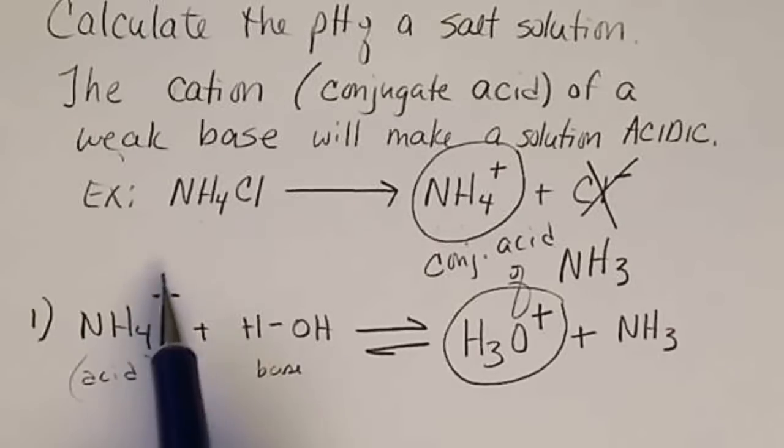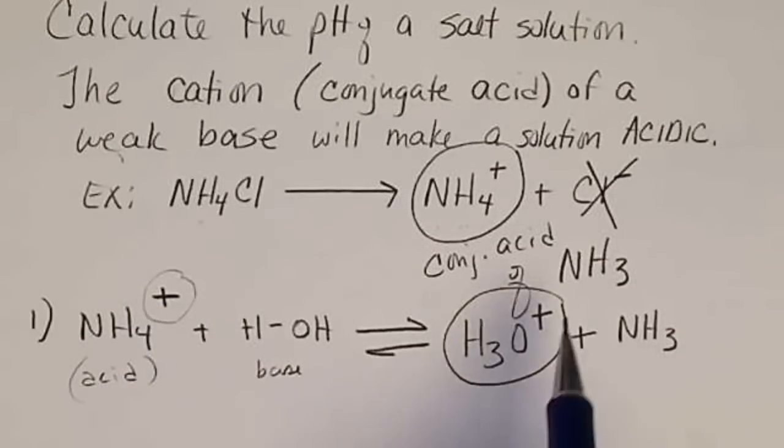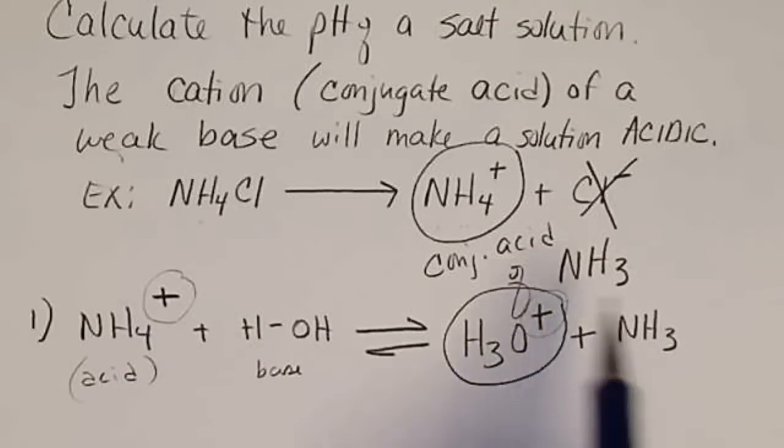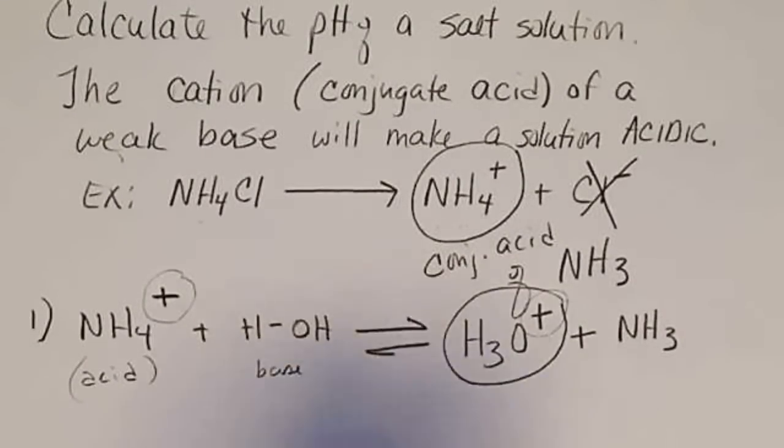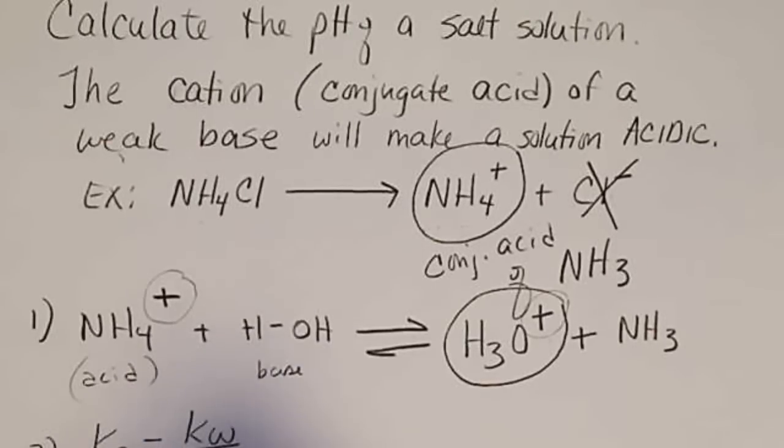And again, as a reminder, because this is positive, we're going to have a positive ion on the right-hand side of the reaction. So in acid-base chemistry, we either have H plus, which is really the same as H3O plus, or OH minus. Then second, we have to calculate the Ka for this. So this is equal to Kw over the Kb for ammonia.